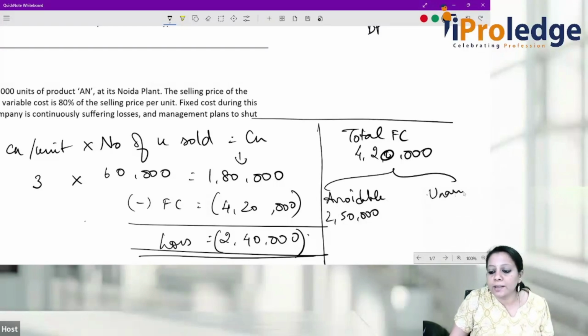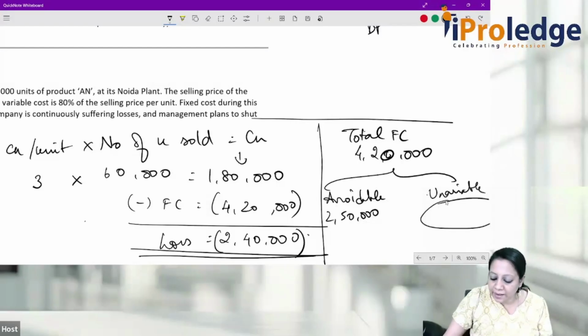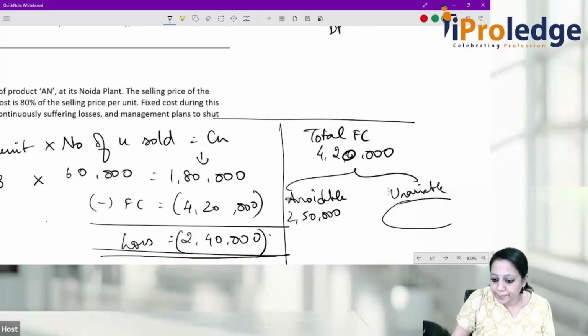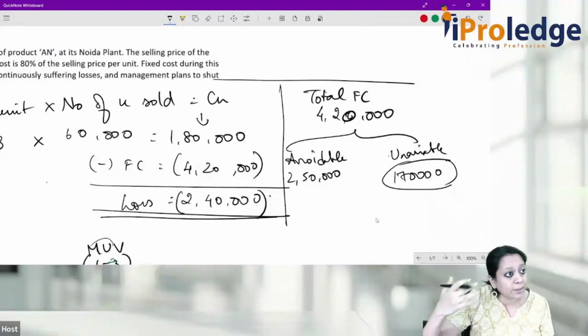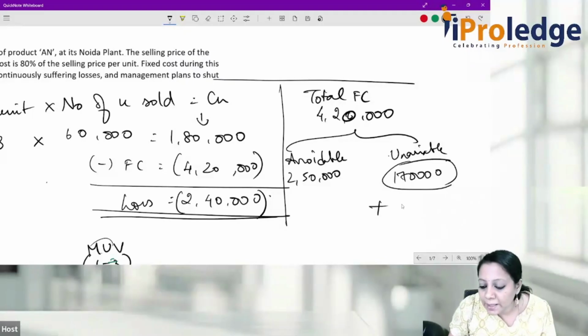Then unavoidable is the balance: 4,20,000 minus 2,50,000, which is 1,70,000. Plus shutdown cost, which is additional, 25,000.